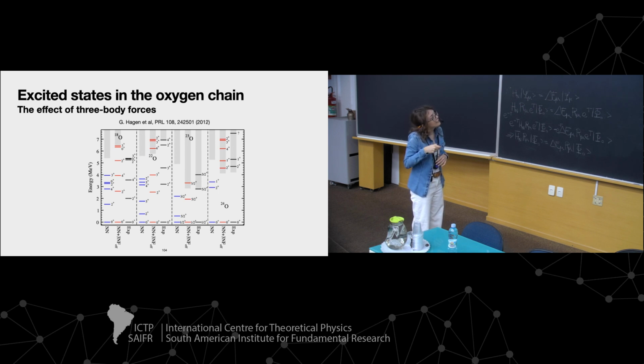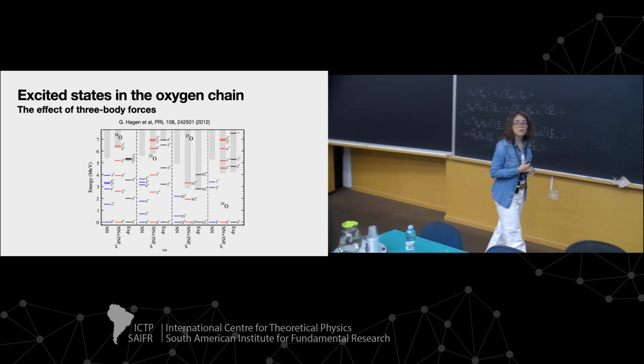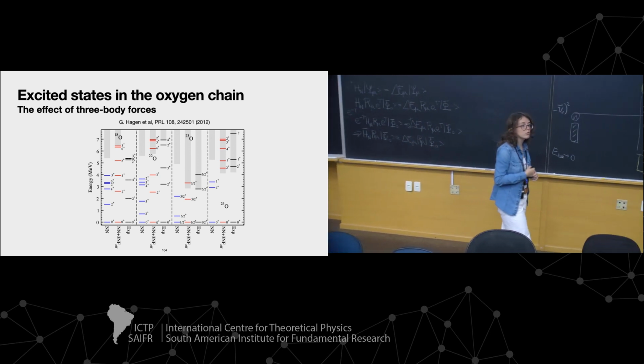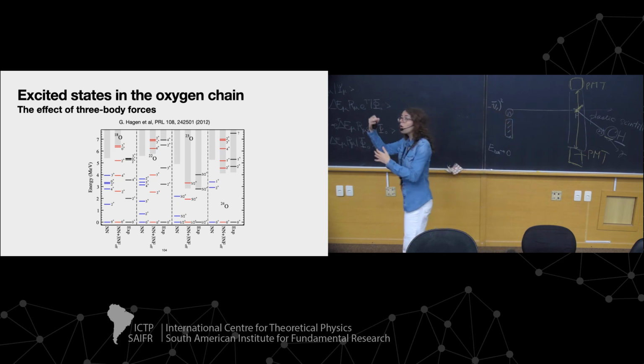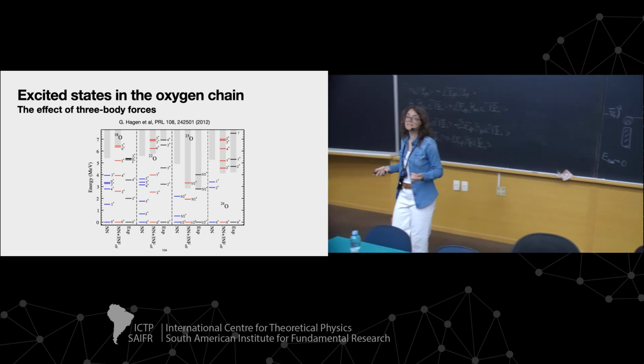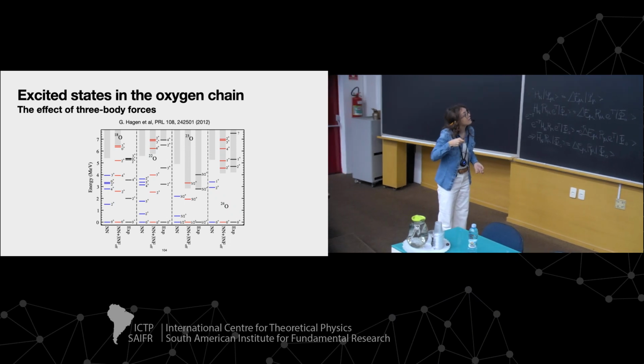And actually, in this case, yesterday I was mentioning this Berggren basis, which can be used to calculate states in the continuum, as it has some orbitals which are actually continuum single particle states. And everything that is calculated here, covered by these gray bands, is actually in the continuum.